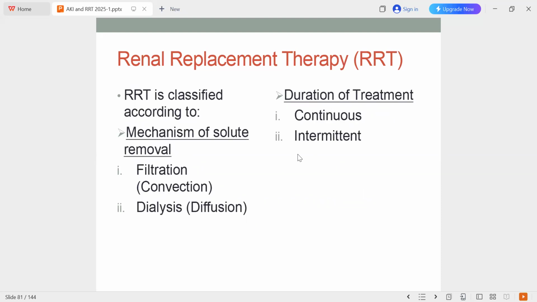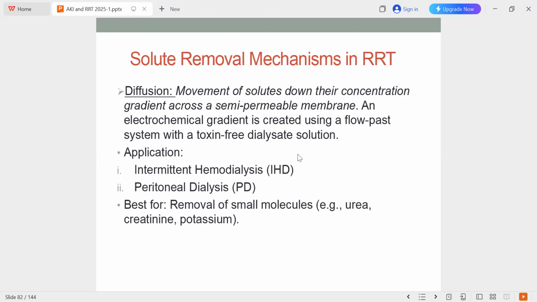So RRT is classified according to the mechanism of solute removal, either by filtration or by diffusion, or by the duration of the treatment. So let's look at how solutes are removed from the body by renal replacement therapy. Number one is by diffusion.